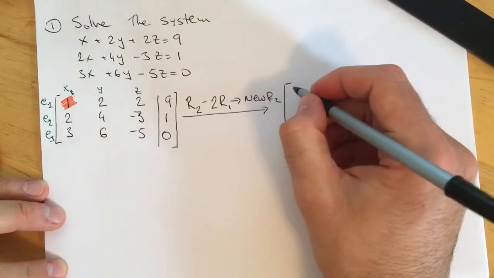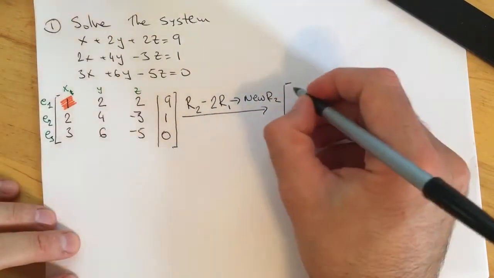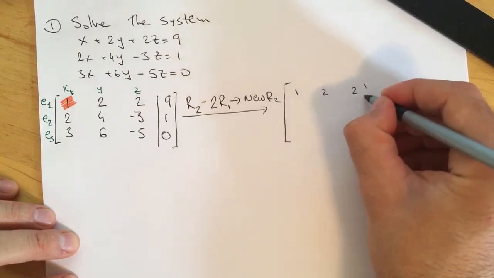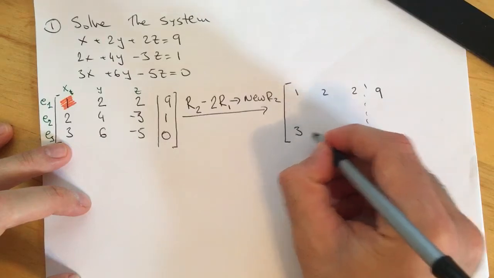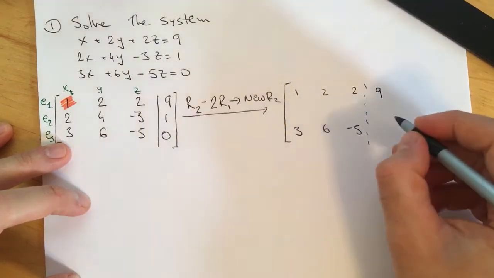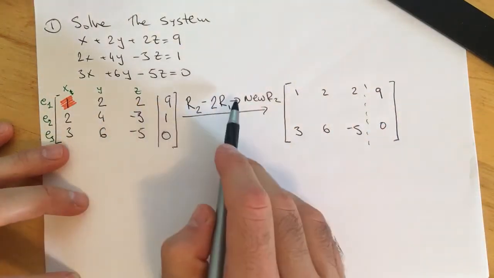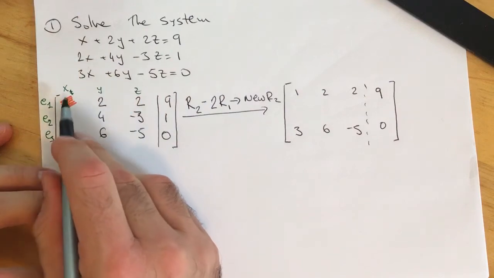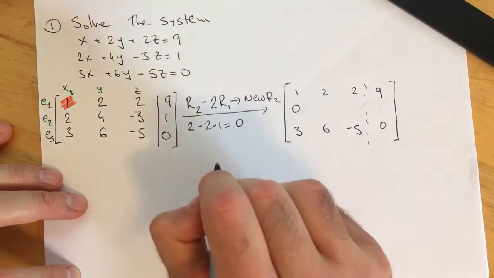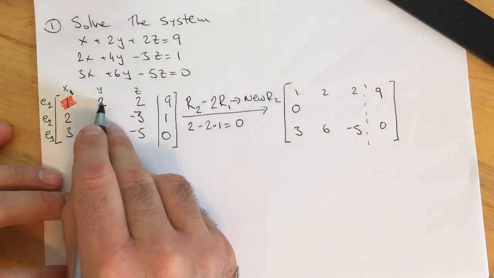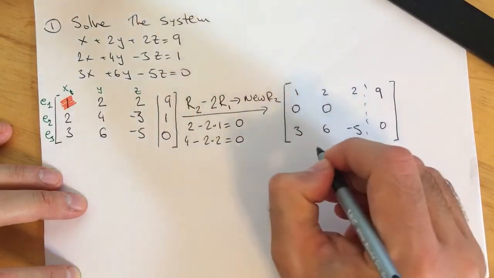So what do I get? Because I'm just changing row 2, the first and the third row stay the same. So 1, 2, 2, 9. And the third row, 3, 6, negative 5, 0. The only thing that I've changed is the second row. So let's see. 2 minus 2 times 1 is 0. 4 minus 2 times 2 is equal to, again, 0.